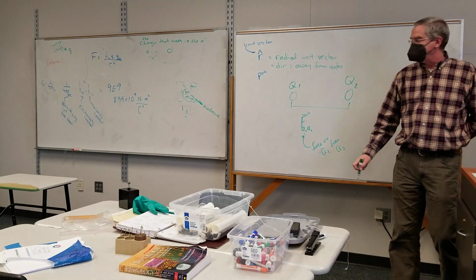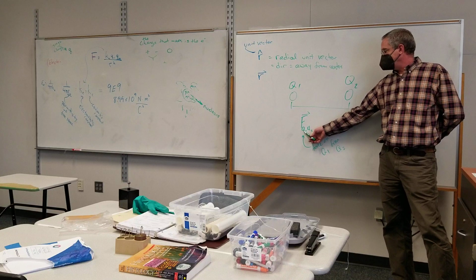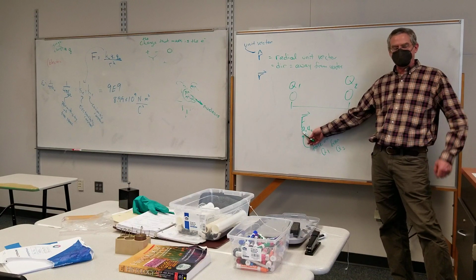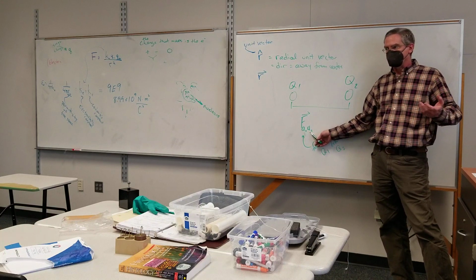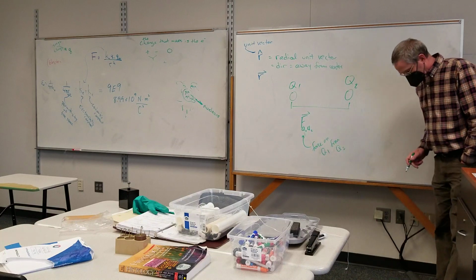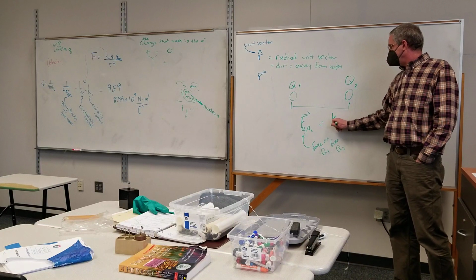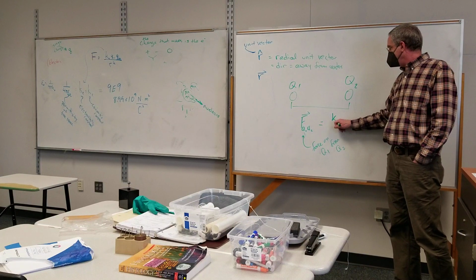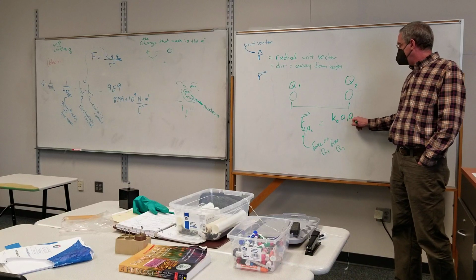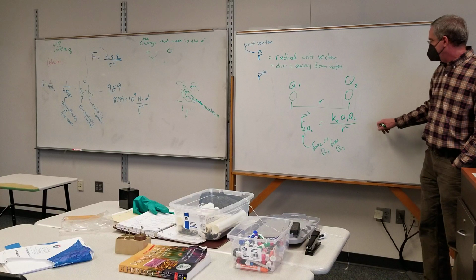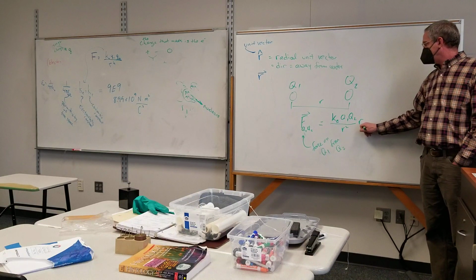The convention is that when you have multiple subscripts here, the first subscript is telling you the recipient of the force, and the second one is the source. That's equal to my constant, Q1, Q2, over the distance between them, we'll label that R squared, R2 hat.